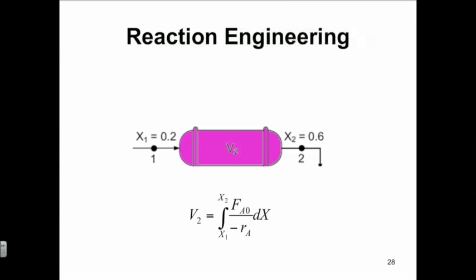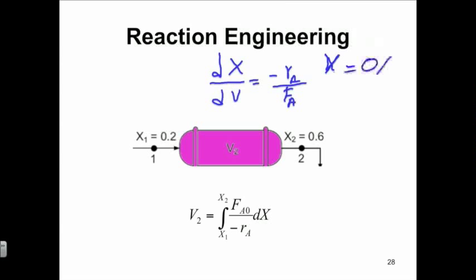Now, for our PFR, we're going from X1 to X2. So we start out with our equation, dX/dV is equal to minus Ra over our molar flow rate entering. But the limits of this integration are, when V equals 0, then X equals X1.